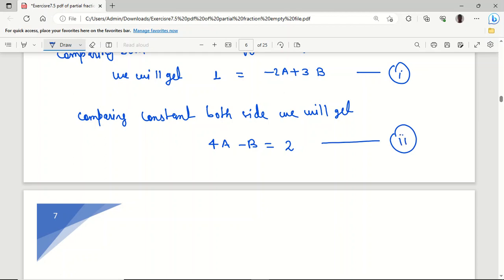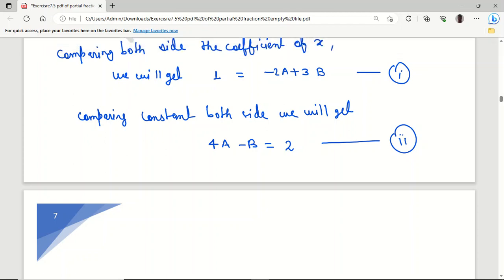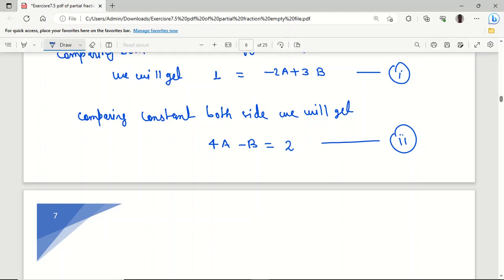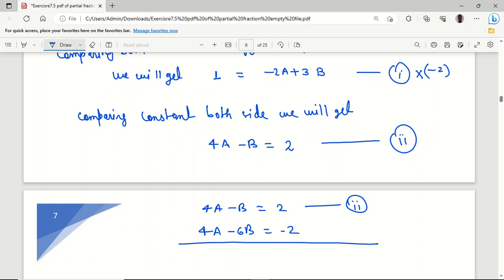So now I have to solve equations 1 and 2 by the elimination method to get the values of a and b. So we have 4a minus b equal to 2, equation 2, I am writing here. And what we will do, we will multiply here by minus 2. So I'll get 4a minus 6b equal to minus 2, and now I'll subtract them, minus plus plus.